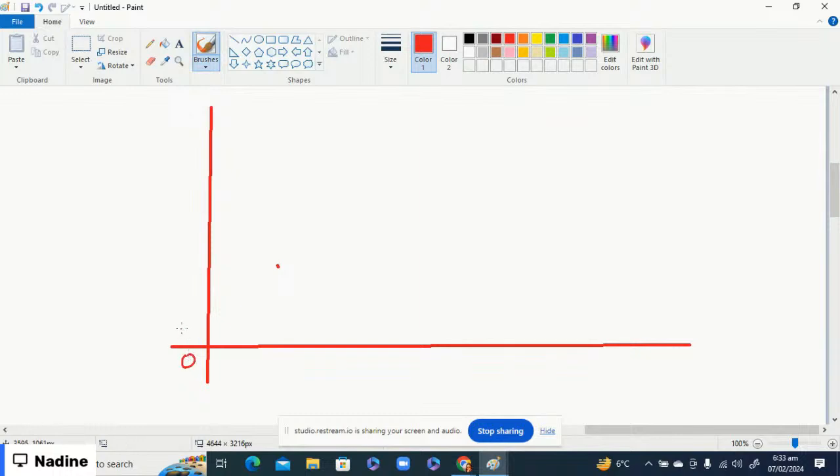This is 0. Let's draw. This is 0, then it's 5, 10, 15, 20, and then it's 25 here.